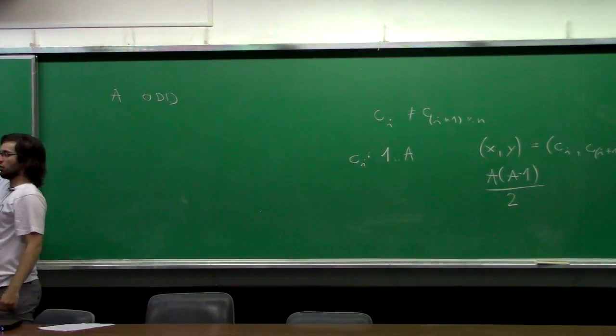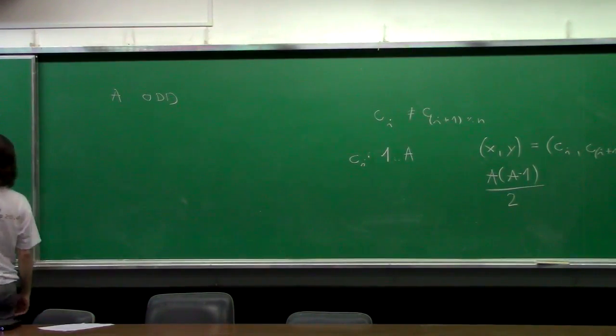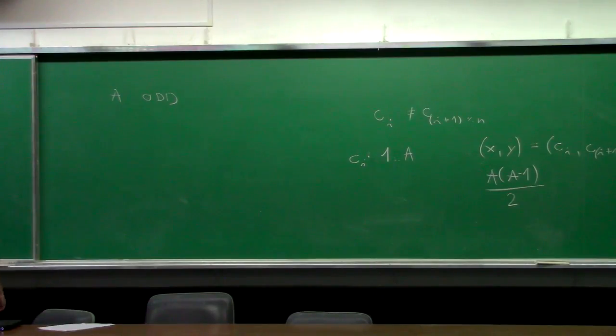So when the number of colors we need to use, and the number of vertices of this complete graph, is even. Okay, let's take a complete graph with A vertices. Each vertex has an odd degree of A minus 1.